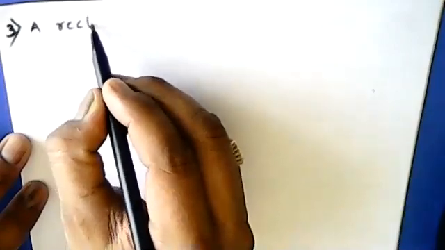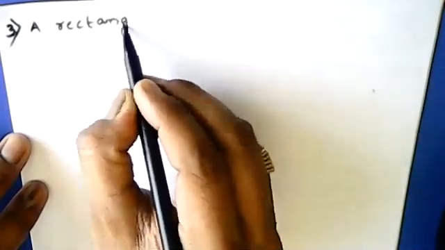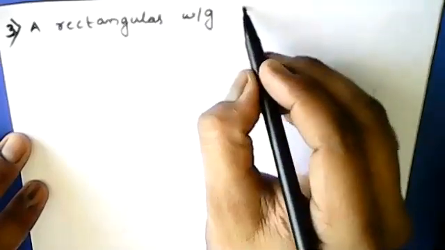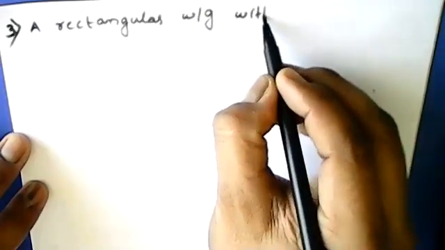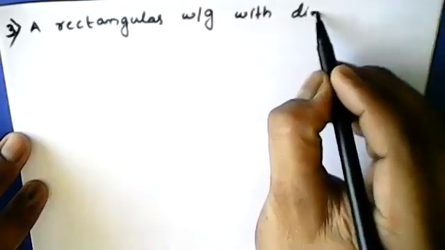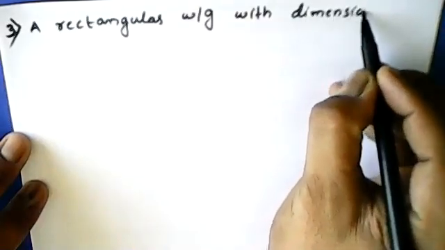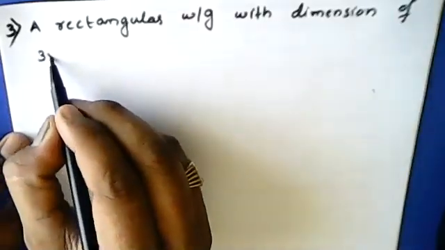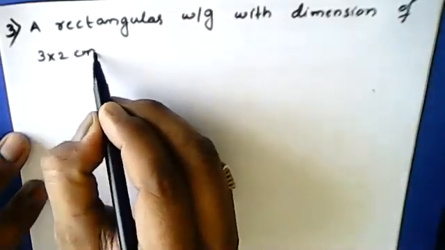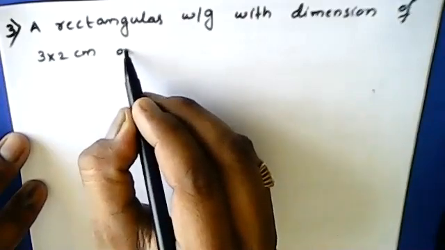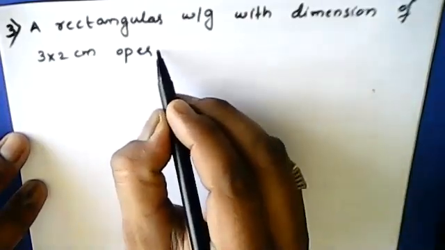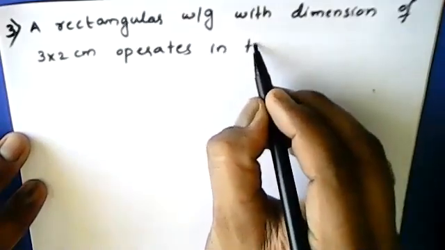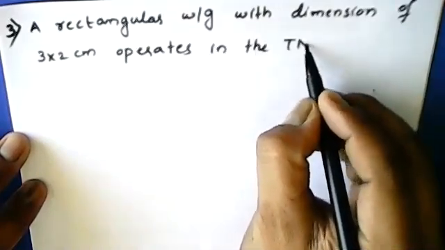A rectangular waveguide with dimensions of 3 by 2 centimeters operates in the TM11 mode at 10 gigahertz. It is specially given as TM11.